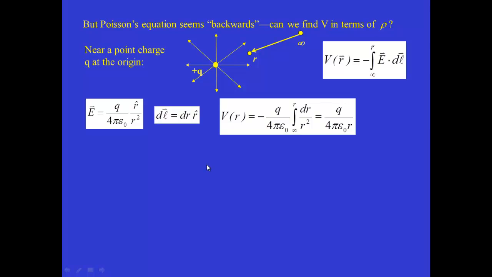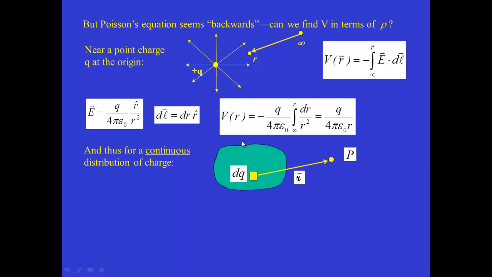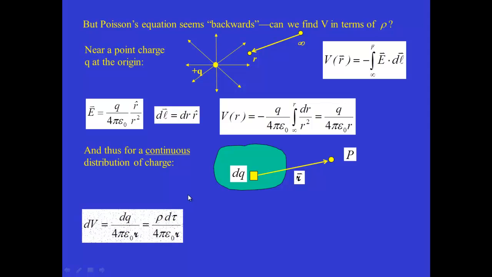Well, we'd like to be able to use this or something like this to find V for an extended charge distribution. And one easy way to find that result is to imagine that we have a continuous charge distribution. We've seen this figure before. We carve it up in little chunks that have charge dq, and we'd like to know what the potential is out here at point P. So first, we use the differential version of the point charge equation and say what contribution to the electric potential would an element of charge dq give.